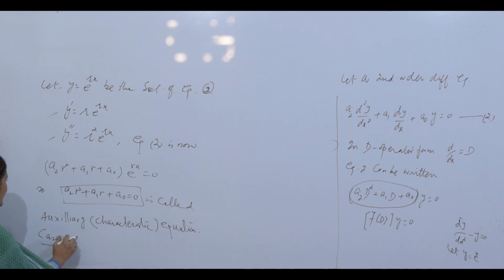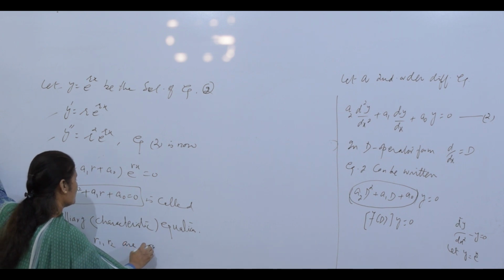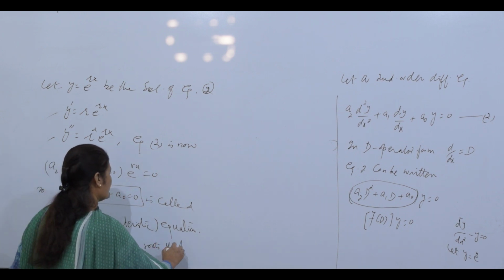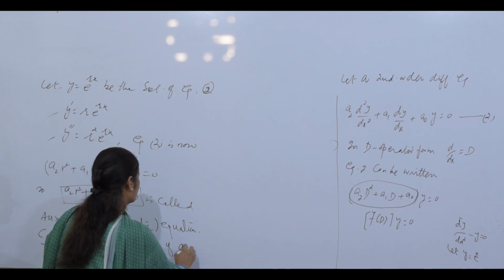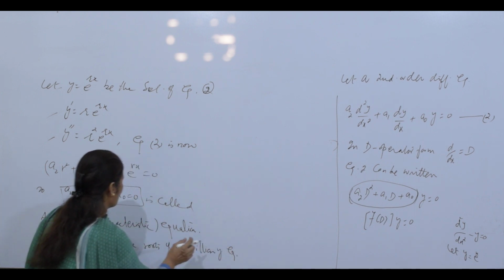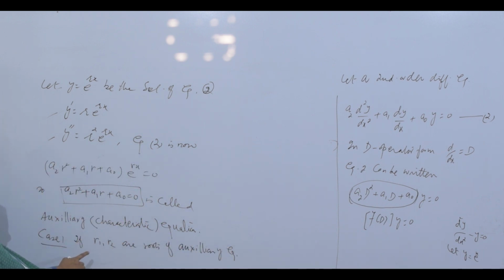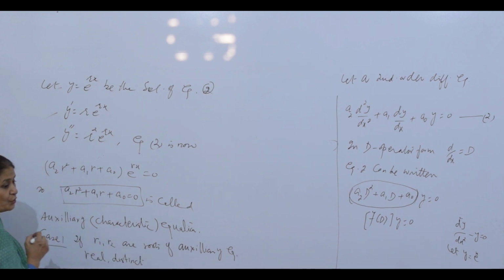Case 1. Let r1, r2 be roots of the auxiliary equation, with the condition that they are real and distinct.